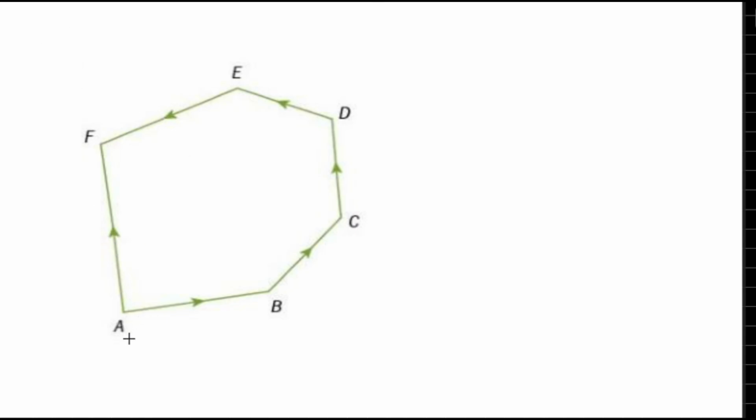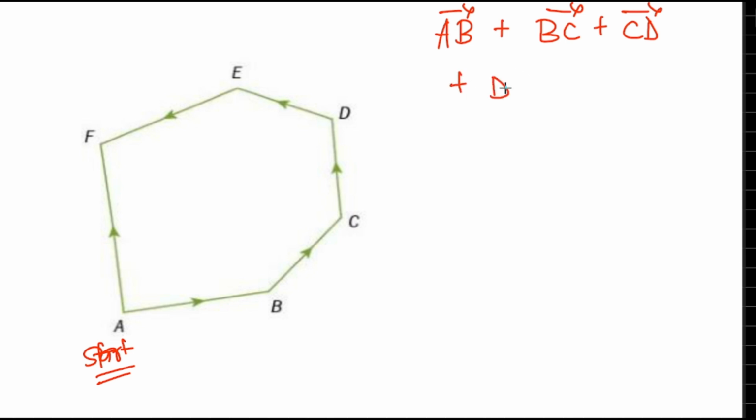So when we talk about subtraction of vectors, we're still talking about addition first. If you see this vector, the starting point is A. If we add these vectors, going in the direction, we have AB plus BC plus CD plus DE plus EF, and everything will equal AF.